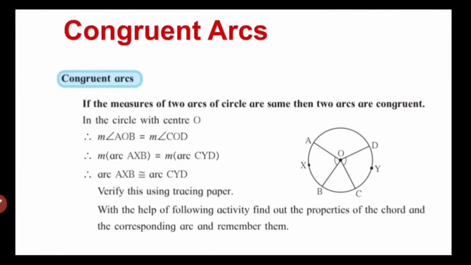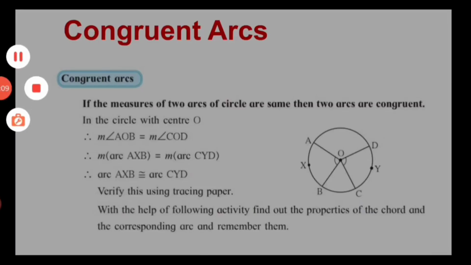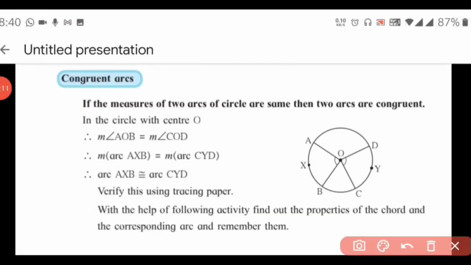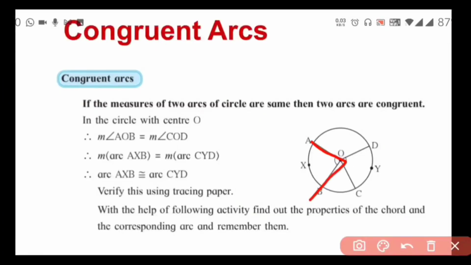Now let us learn about congruent arcs. If the measure of two arcs of circle are same, then two arcs are known as congruent arcs. In the circle with center O in the adjoining figure, angle AOB is equal to angle COD. They are congruent angles, and so the arcs subtended by them are also congruent.